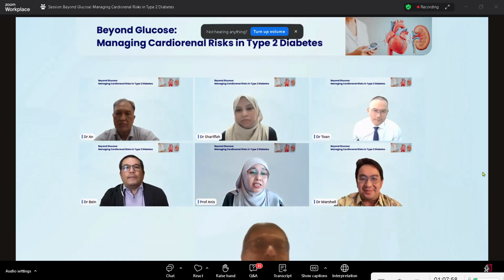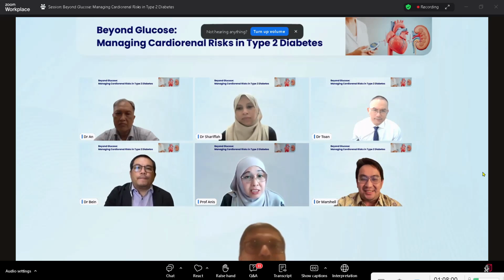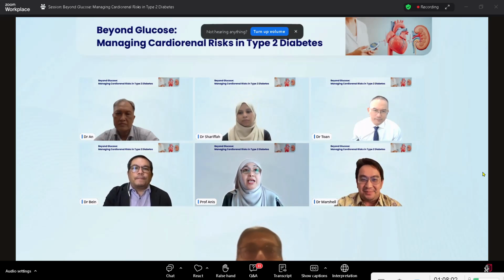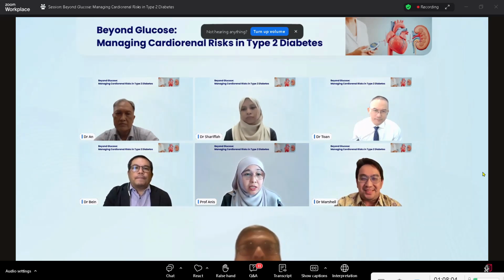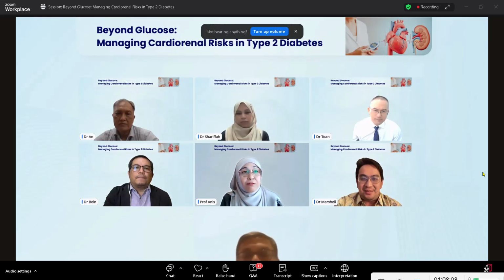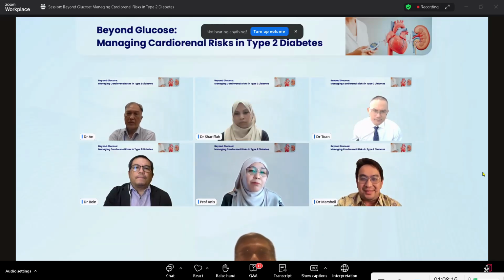So we have to address medication adherence, as well as lifestyle modification, because we know that LDL-laden food is very, very common in the Asian population. Saturated fat is normally the culprit.